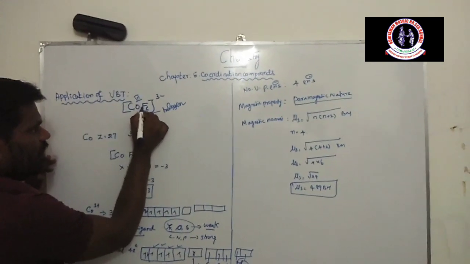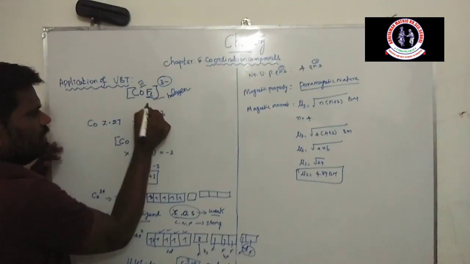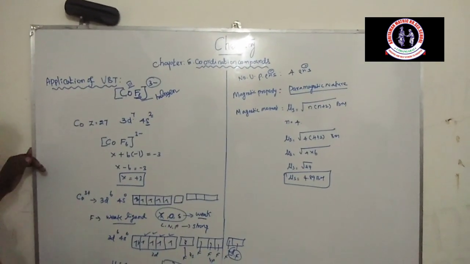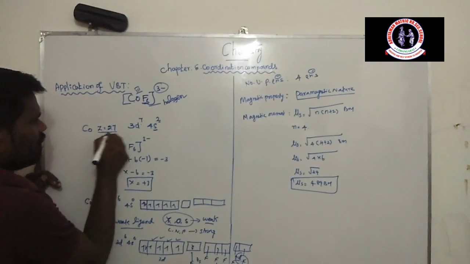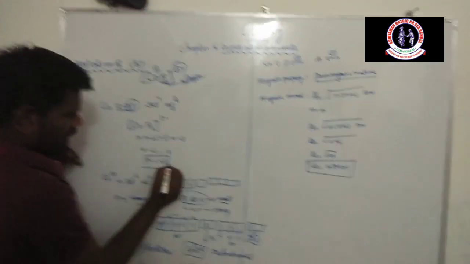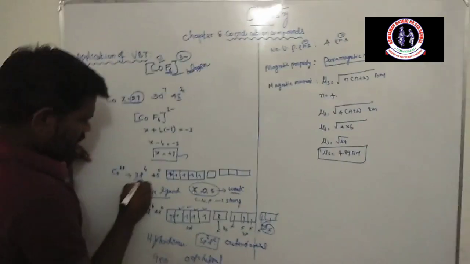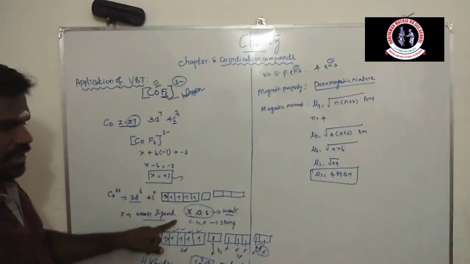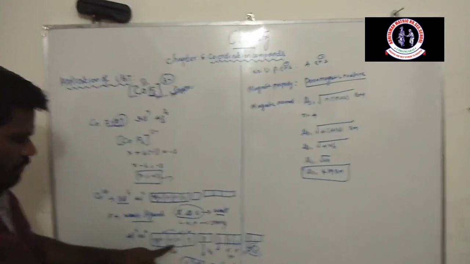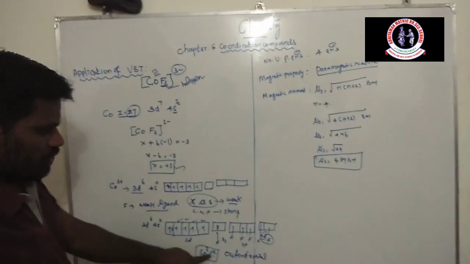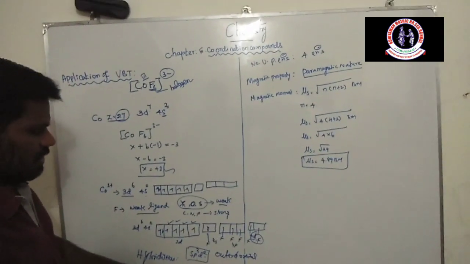Okay students, here we conclude the values. In hexafluorocobaltate the ligand is fluoro, which is a weak ligand, and the central metal atom is cobalt, atomic number 27. After losing 3 electrons, it is 3d6 4s0. Fluoro is a weak ligand, so no pairing occurs, and 4 electrons are unpaired here. Hybridization is sp3d2. Geometry is octahedral.